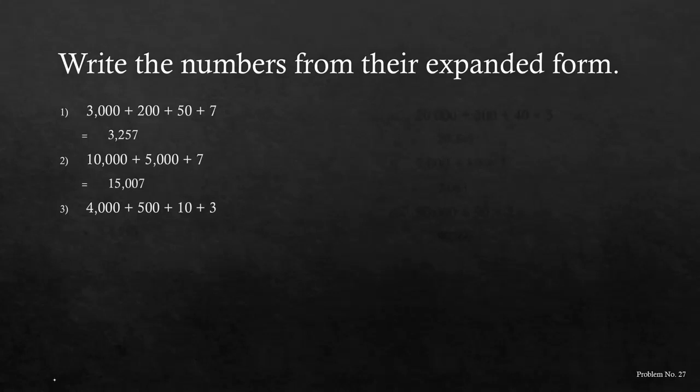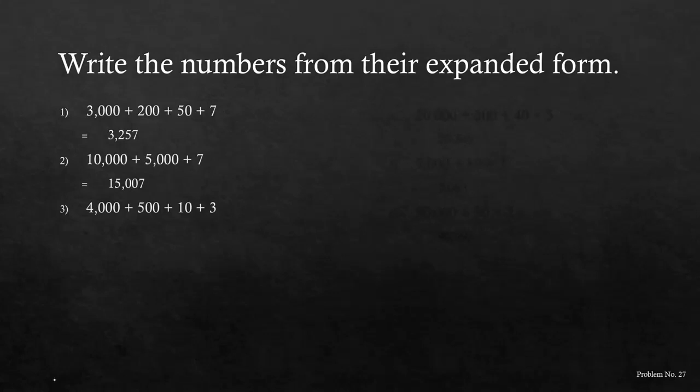Now the biggest place value which is given is 4,000. Hence the number which we will be creating will be having 4 digits. So 4,000 plus 500 plus 10 plus 3. Now the first digit at thousands place will be 4. Then at hundreds place there will be 5.